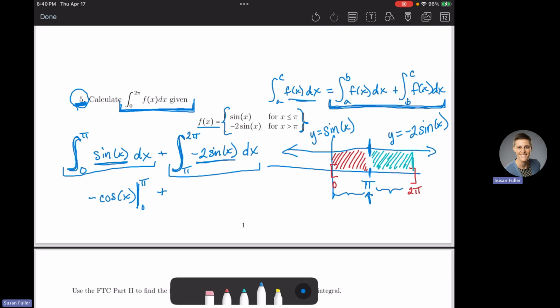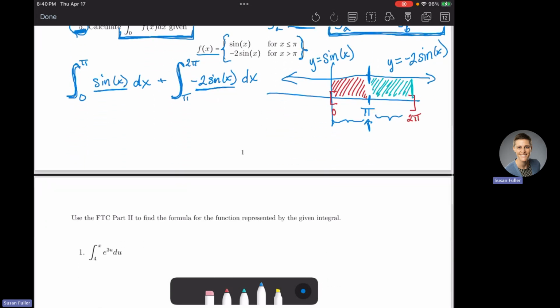Well, I know I'm going to have a 2 in it, and I know that the derivative of cosine is negative sine. So I'm going to need 2 times the cosine of x, and that should do it. Again, I'm going to pick a c value of 0 because I can pick any one I want with a definite integral. And now I'm going to evaluate this from pi to 2 pi.